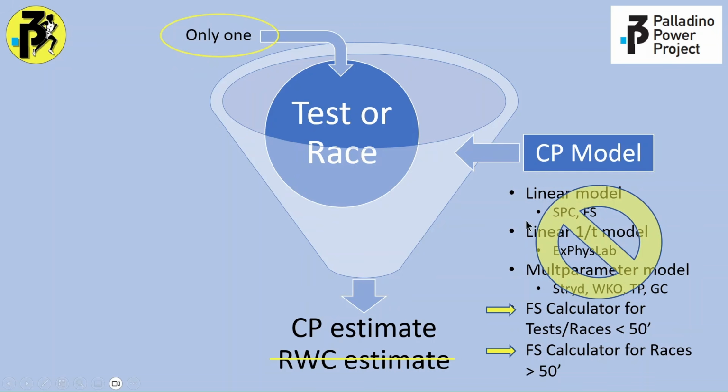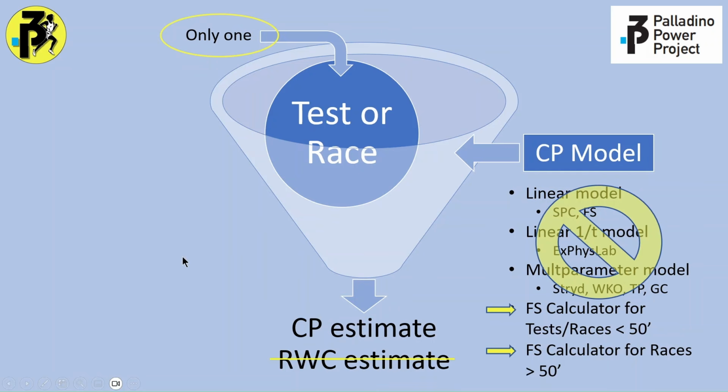So if you only have that one data point, you can get a rough estimate of CP, a pretty good estimate actually, but it's going to have some error bands to it. But the con of this particular methodology is you're not going to get a reserve work capacity estimate. You'll get a CP estimate.